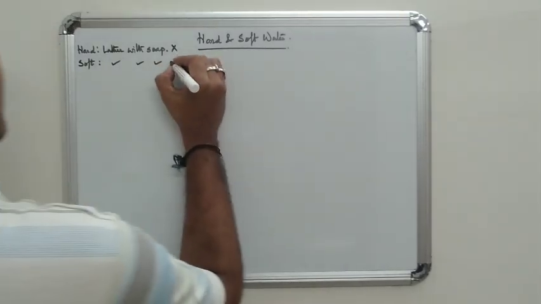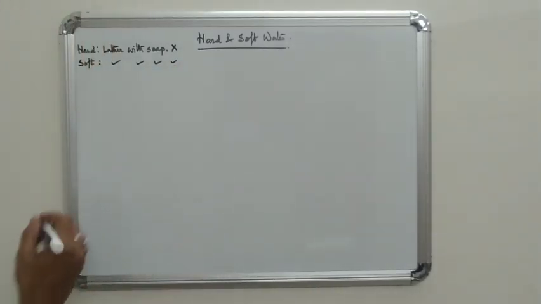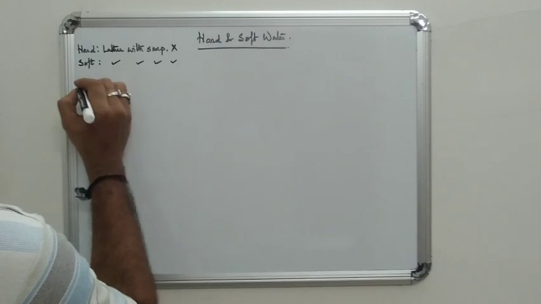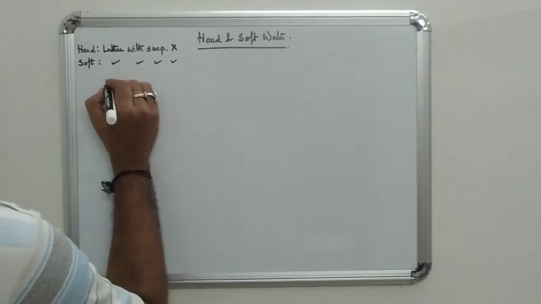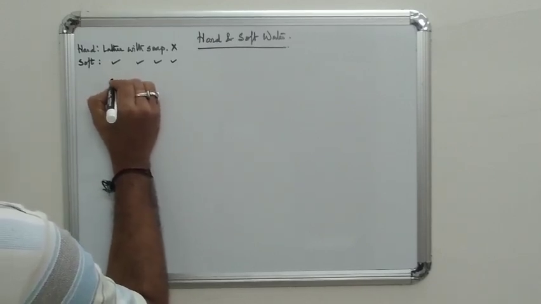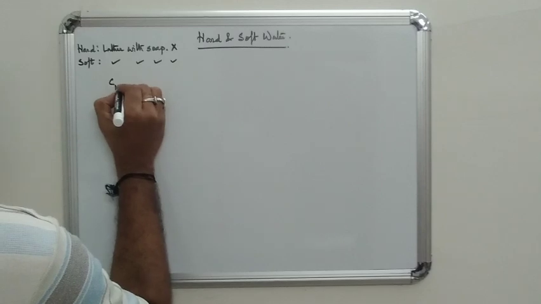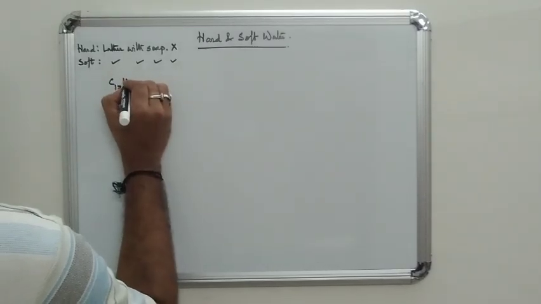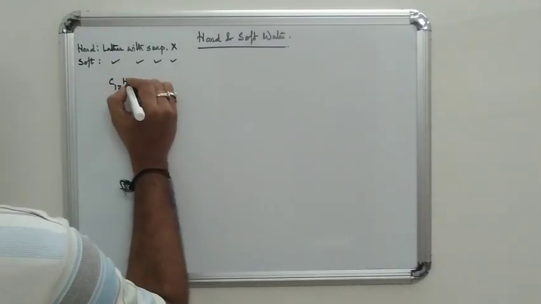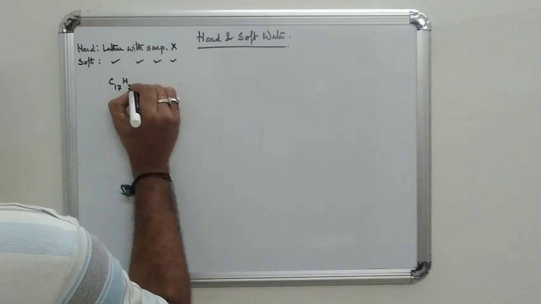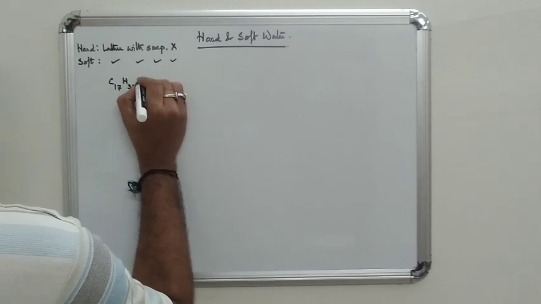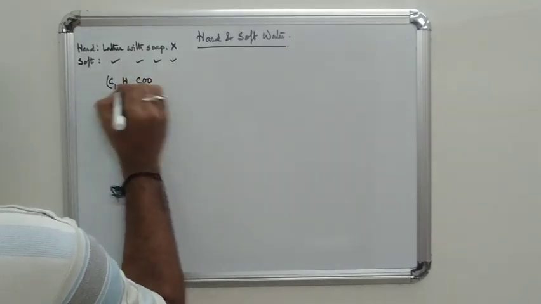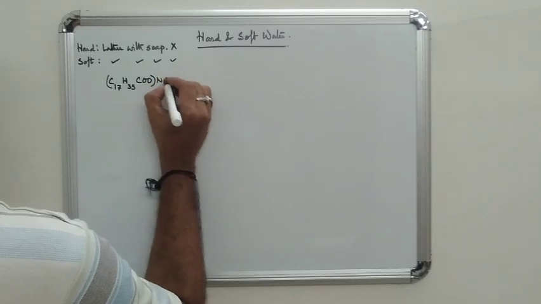Now, how does it occur? Suppose we have a soap, sodium stearate, C17H35COO⁻Na⁺.